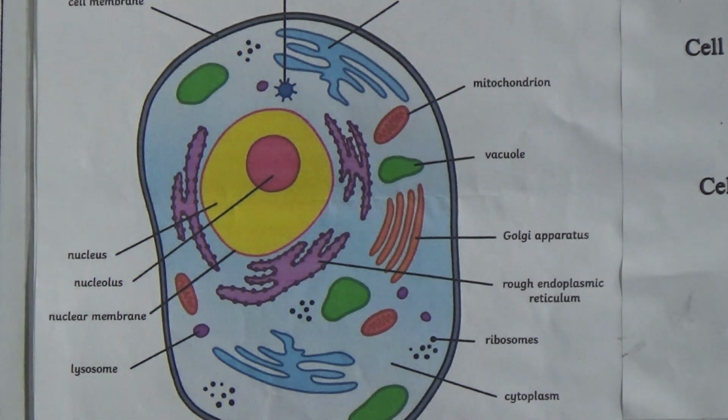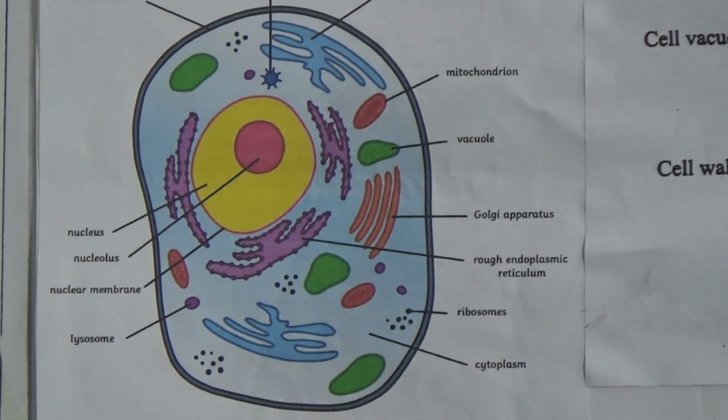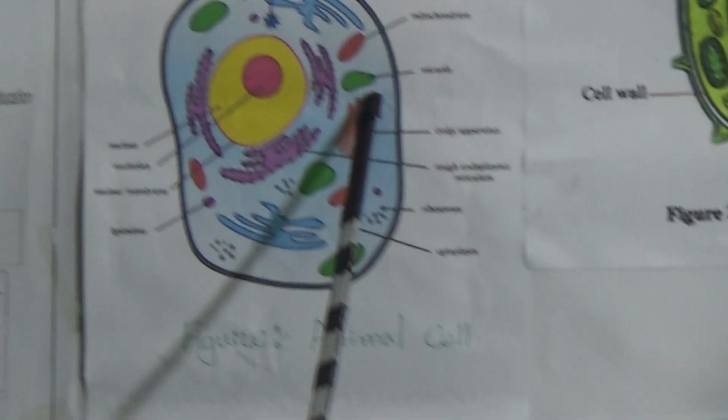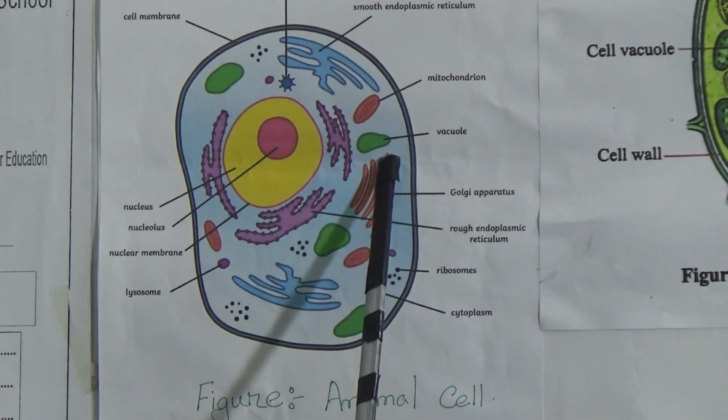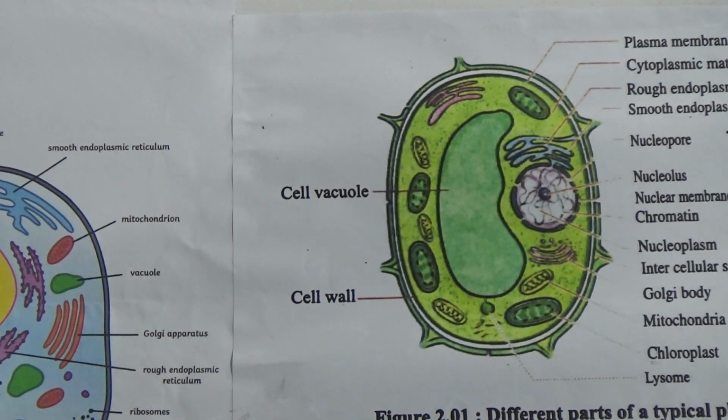Now we draw the plant cell, and in the plant cell we find that the vacuole is inside the cell, and in the animal cell the vacuole is very small and it is on the side of the cell. So what are the organelles we find in the plant cell?